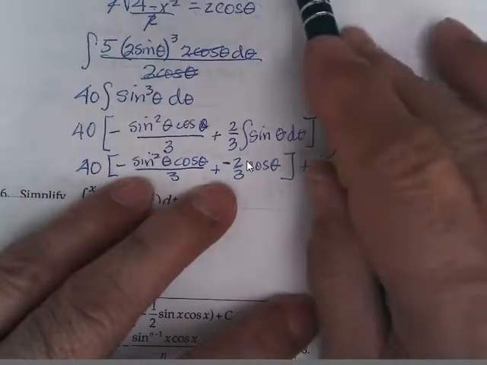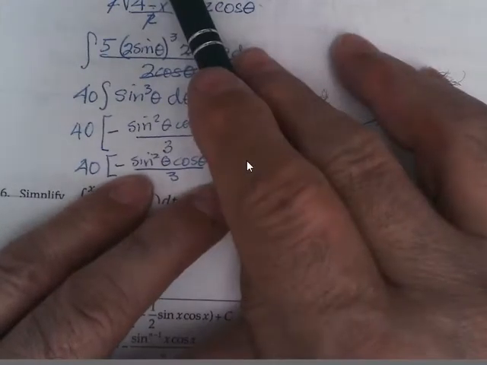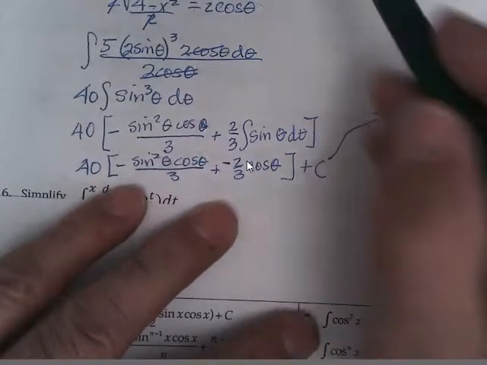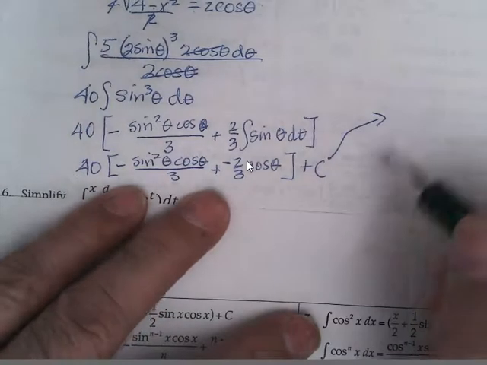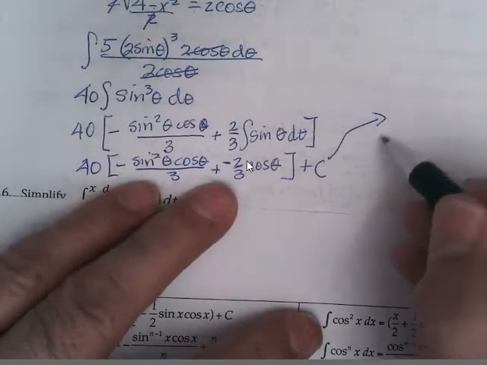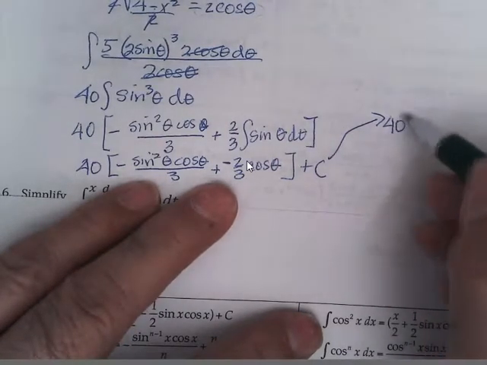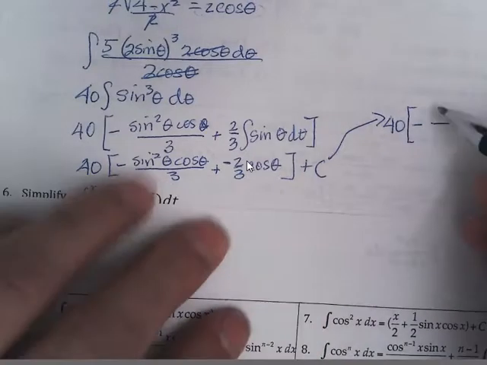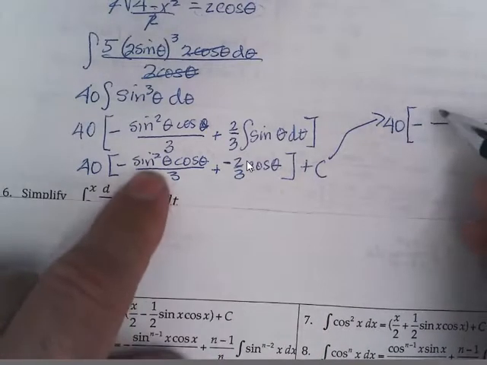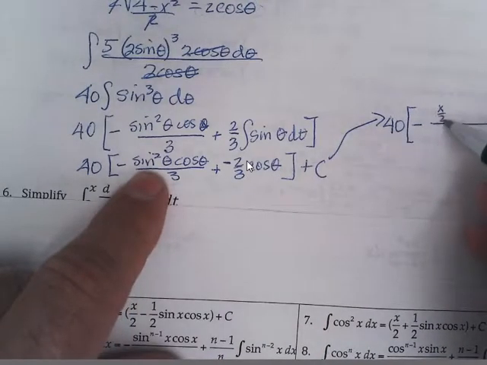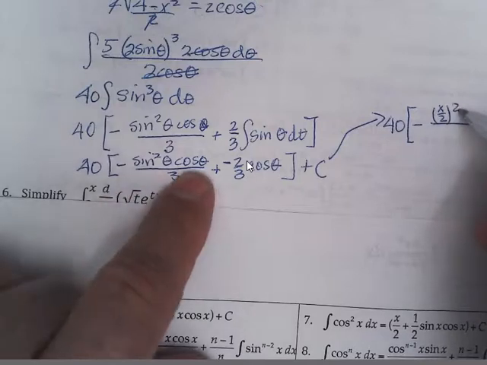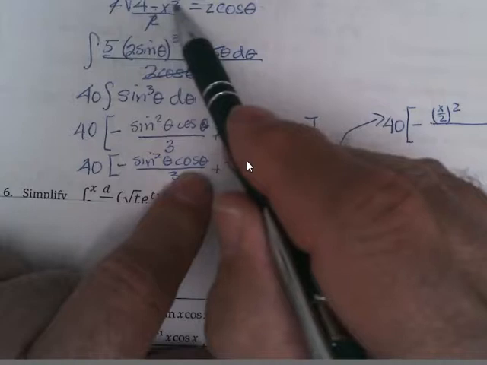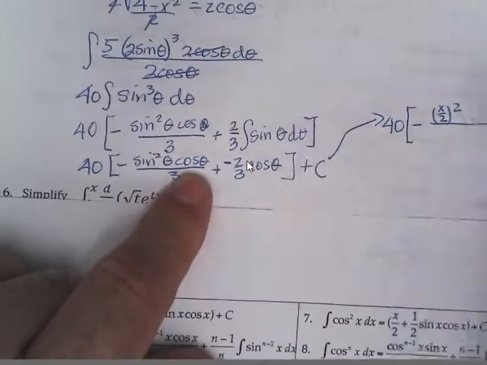So I'm going to look at my triangle. I can look here, and it says the sine of theta is x over 2. So sine squared is x over 2, which is x squared over 4. So I got 40 negative. For the sine squared, it's x over 2 squared. For the cosine, it's this over 2.